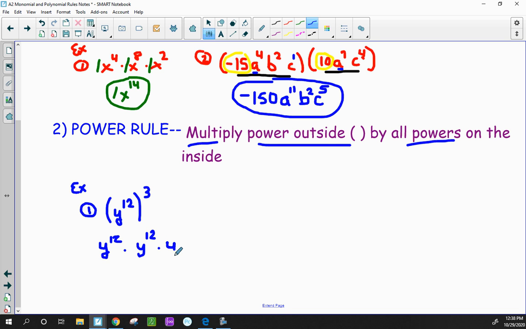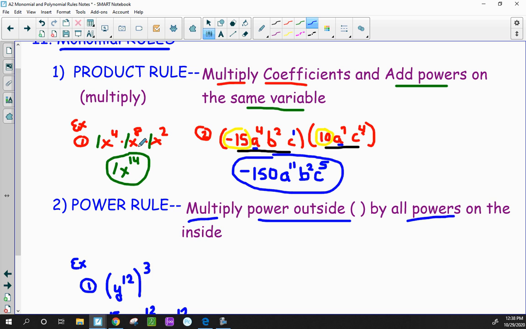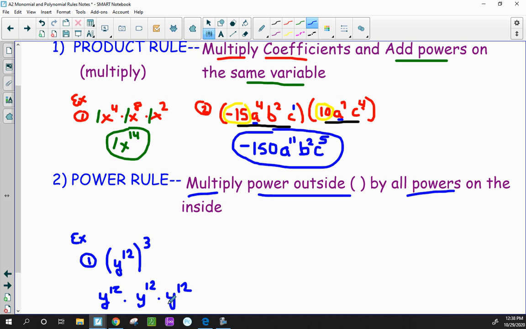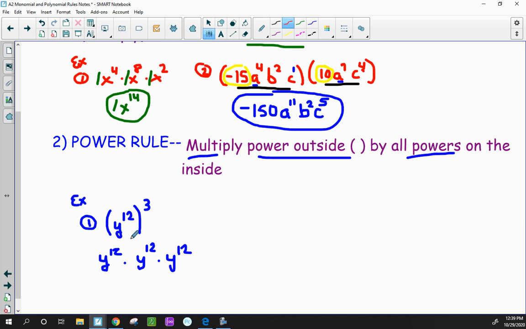If you think of it this way, then what you've done is you've taken a power rule problem and you've turned it into a product rule problem. So this one looks very close to example 1 from the last rule. If you choose to do that, then you're using the same rule each time. You're going to multiply coefficients. Again, I don't see anything, so there are 1's here.